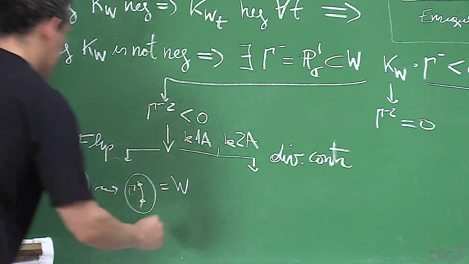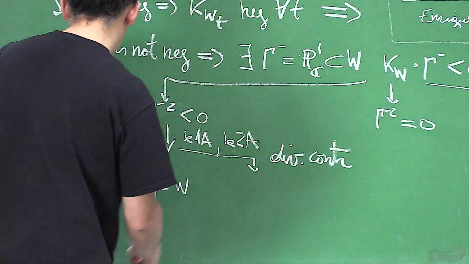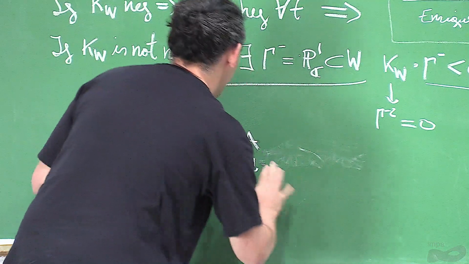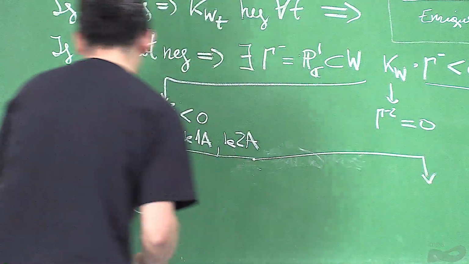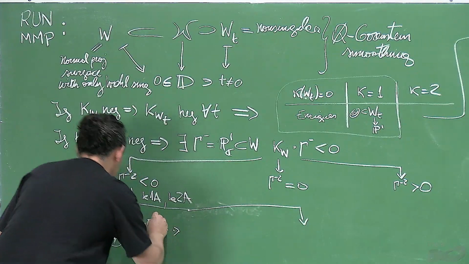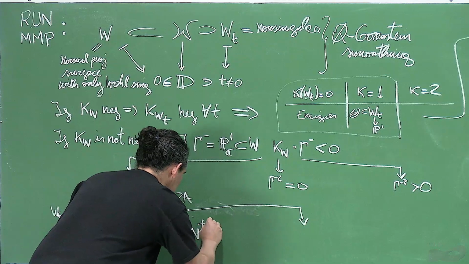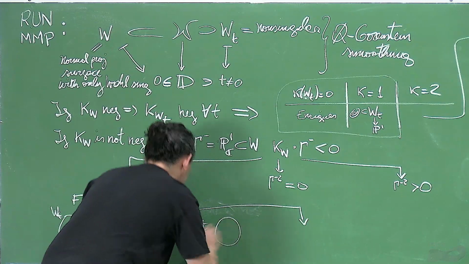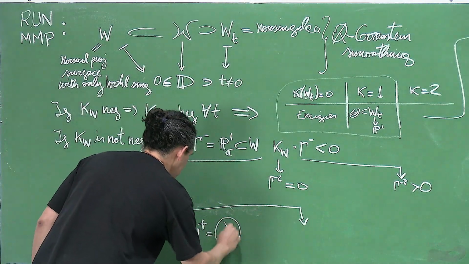And then you have a situation like this, and then you perform a flip. So this would be like the flip, and this is the gamma positive, the W positive. And my picture is like this, so it's very similar to this, where you now have a positive curve.